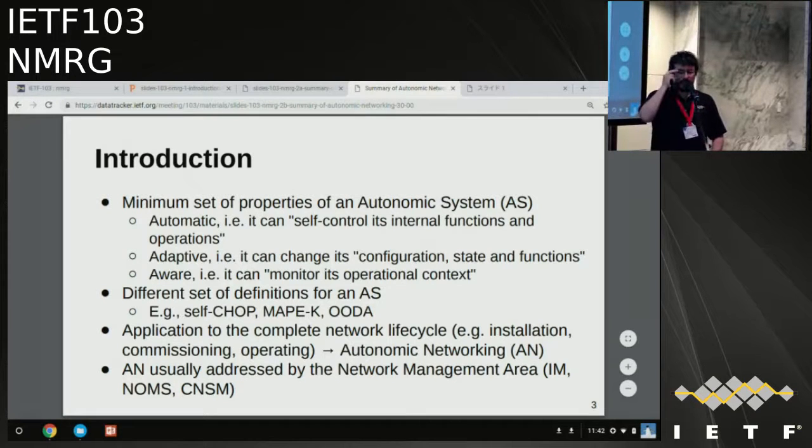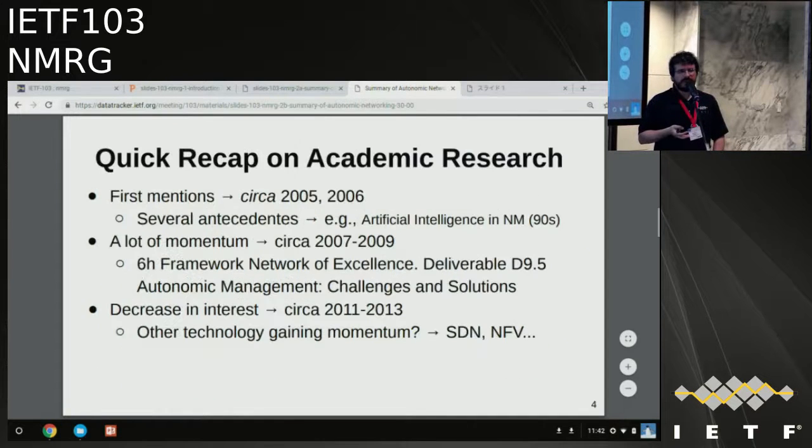Doing just a quick recap on academic research, the first mentions of this term are around 2005 and 2006. There are several antecedents for that, for example, several studies of using artificial intelligence in network management in the 90s. Then around 2007 to 2009, there was a lot of momentum in this area.